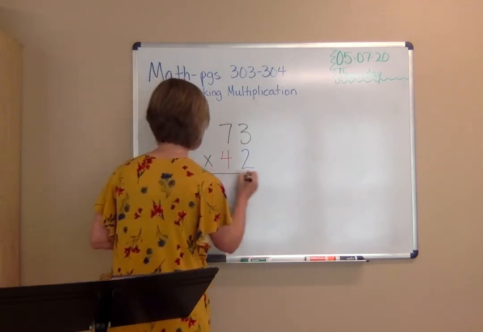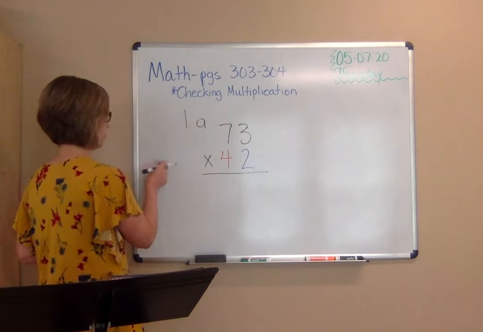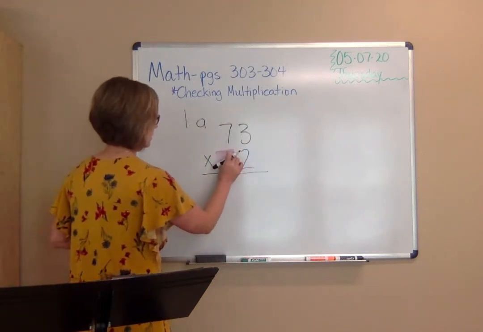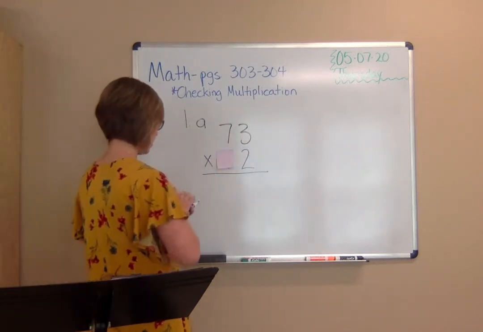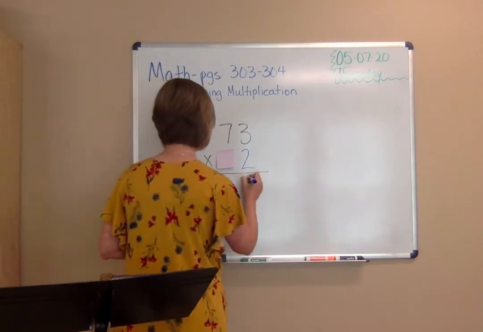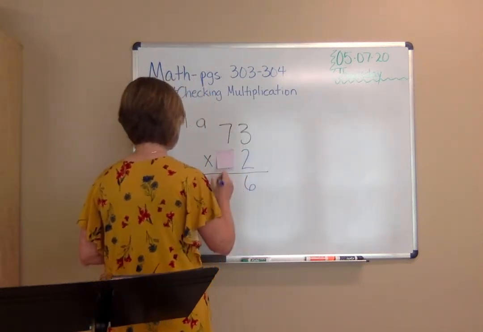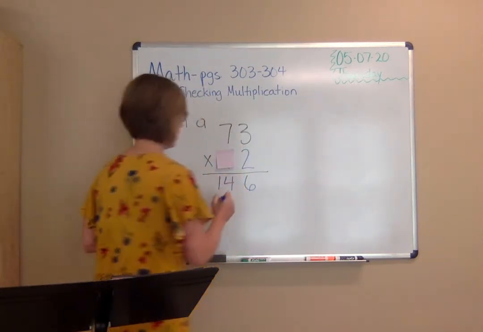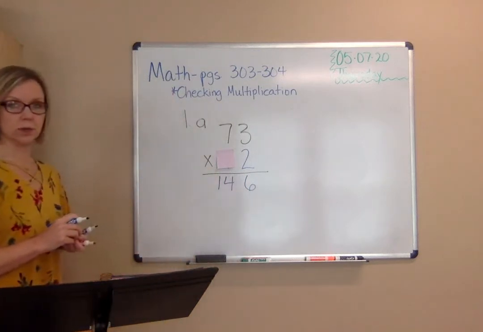All right, here we go. I need a 2 table and a 4 table. 2 times 3 equals 6. 2 times 7 equals 14. My first partial product is 146.